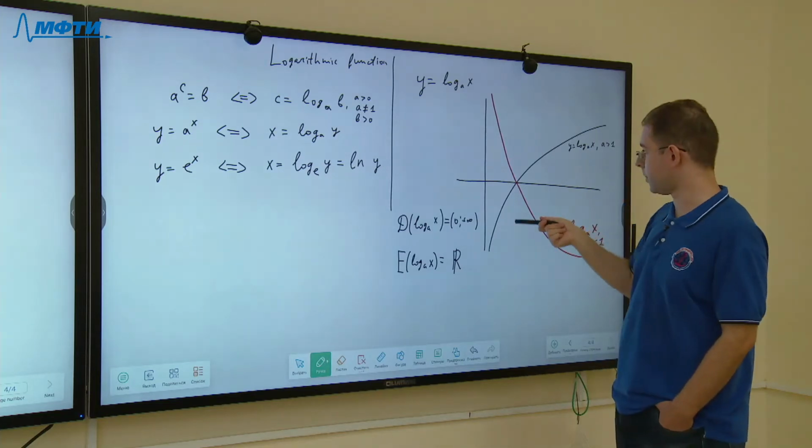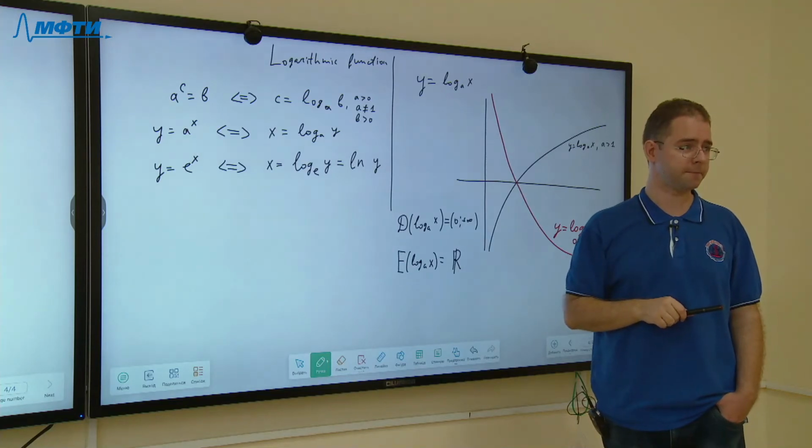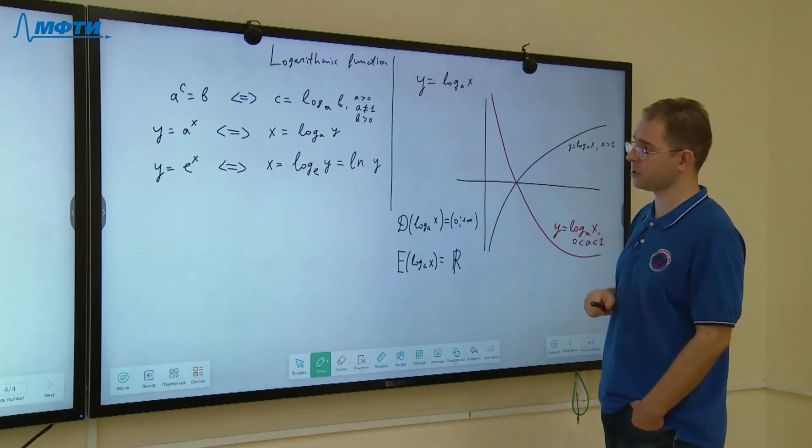Both black graph and red graph, those are inverse functions of each other.